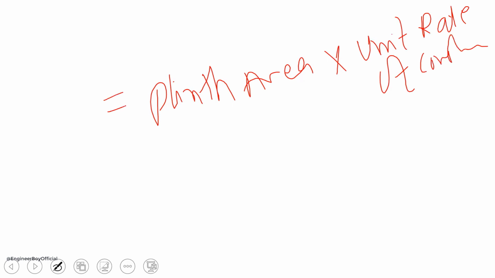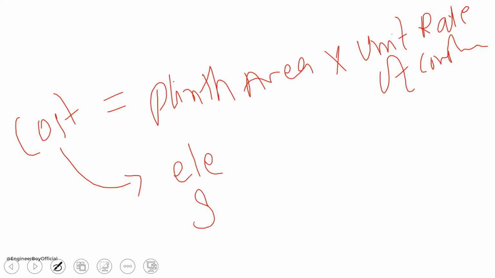So this is going to be the cost. However, with the same cost, we then add the cost for electricity, maybe the cost for gas supply, maybe for the water supply. So this is all about the rough cost estimate.